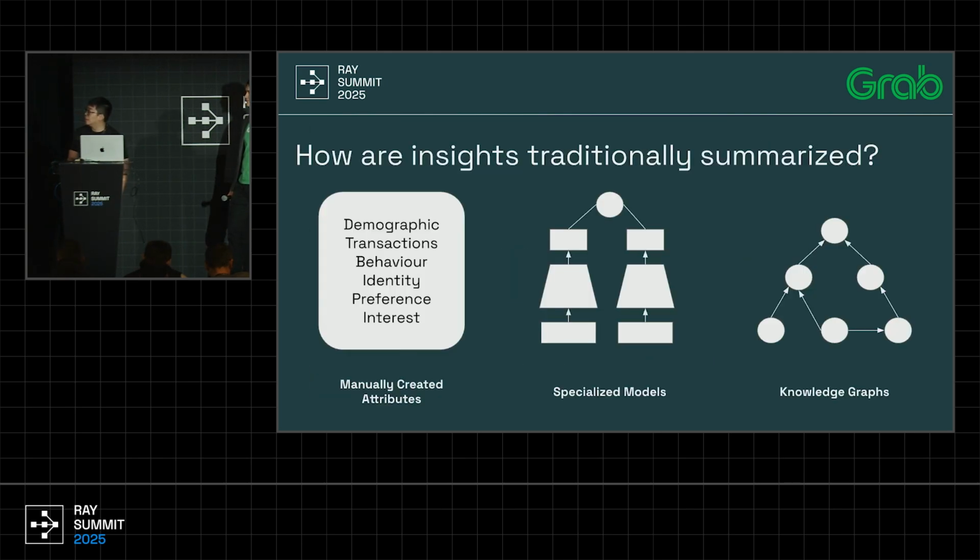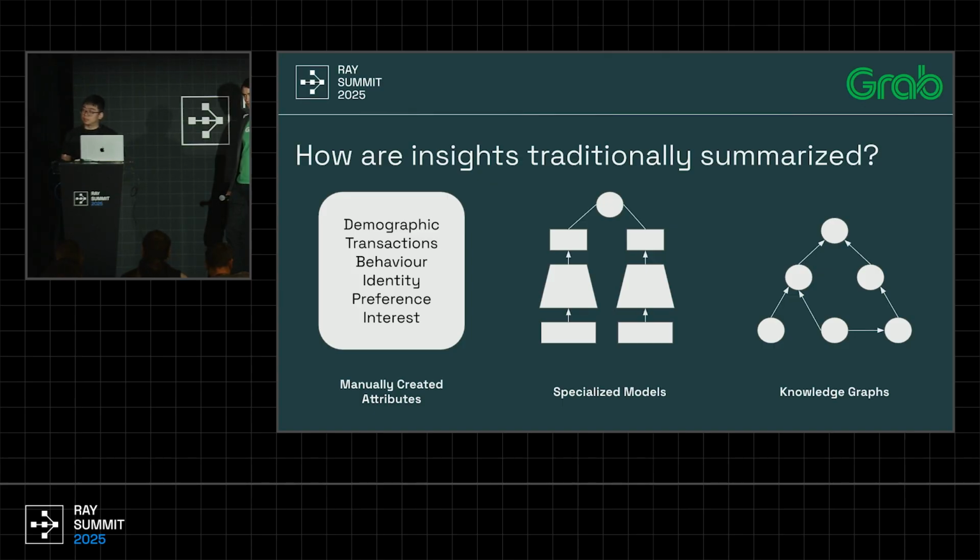Traditionally, how is this data used in Grab? Basically we have 3 approaches. It can be manually created attributes, where our user analysis team analyzes the behavior of users, then summarizes their unique characteristics into user attributes.